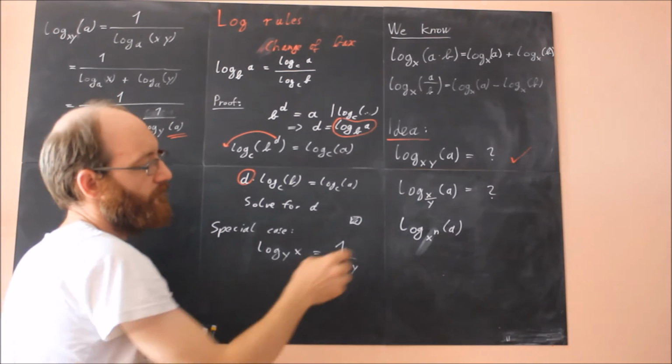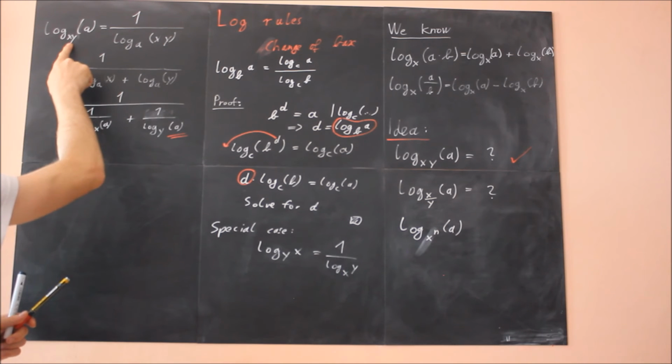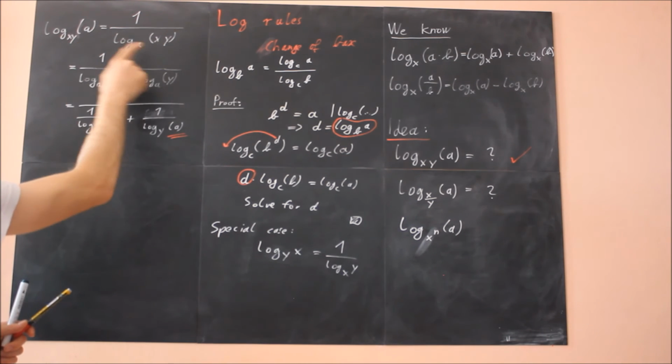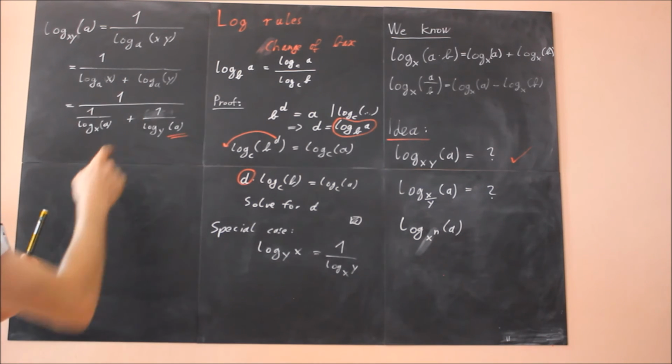You can try this by yourself. You see here the product becomes a quotient, then the quotient becomes a minus here and a minus there.